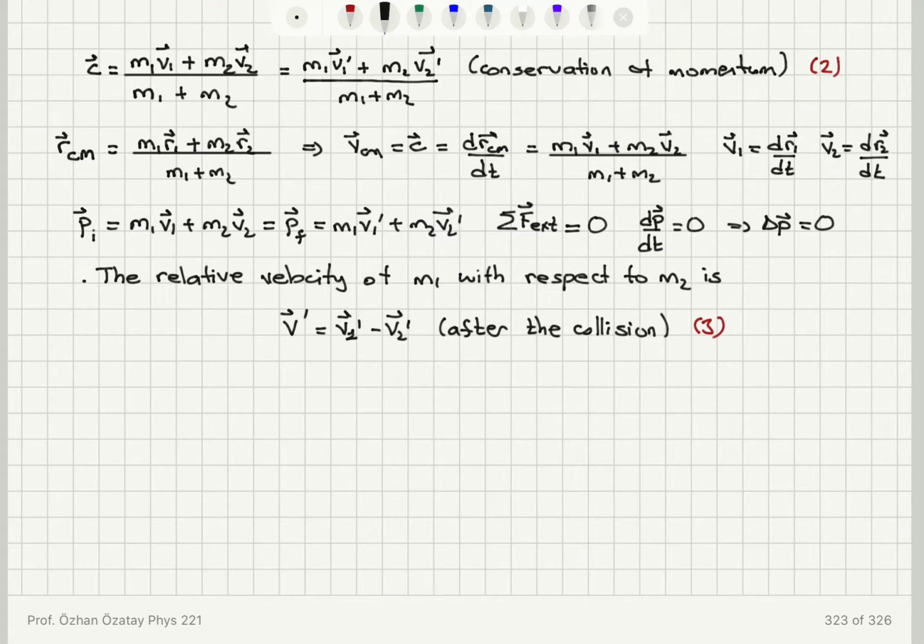So we have seen that C remains unchanged by conservation of momentum in the collision process.